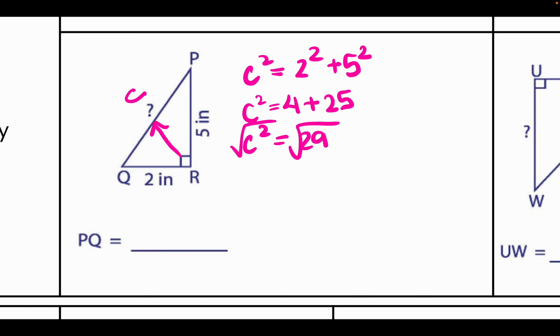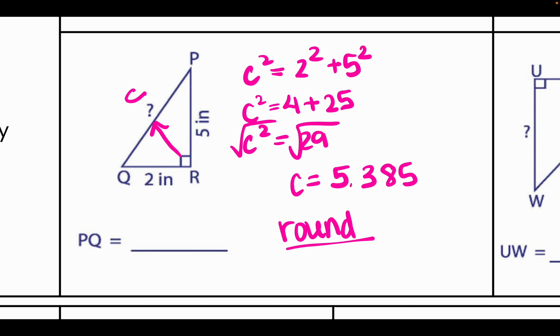So square root of both sides, we get c is equal to 5.385. But we need to round. So our final answer for PQ is 5.4. Okay, so just remember our rounding rule. If it is 0 through 4, you round down. 5 through 9, you round up.